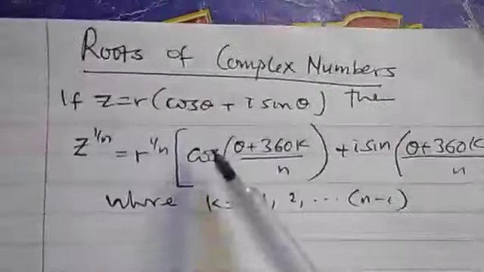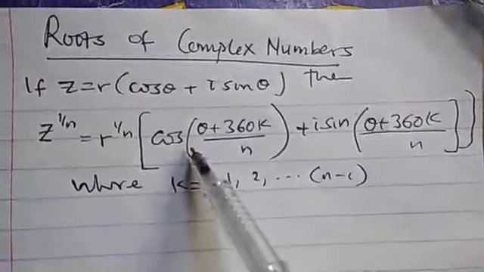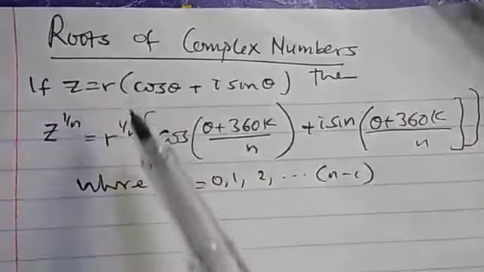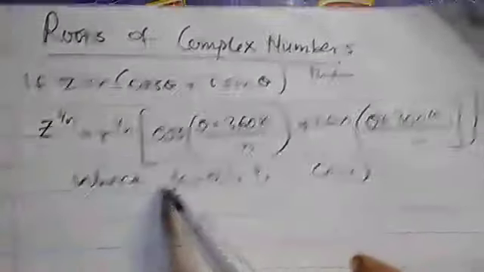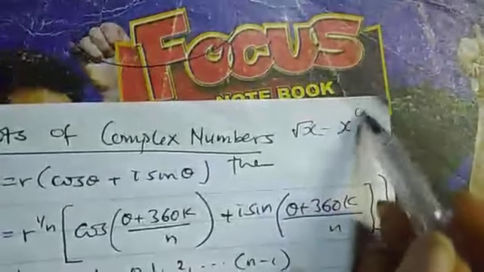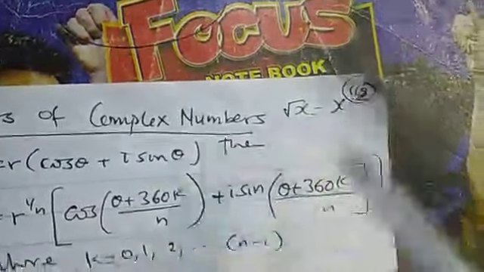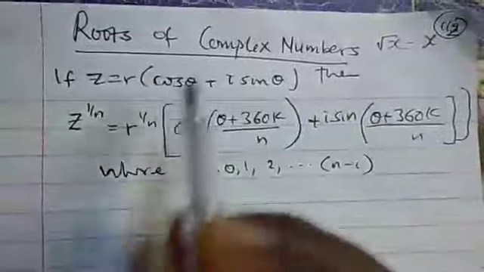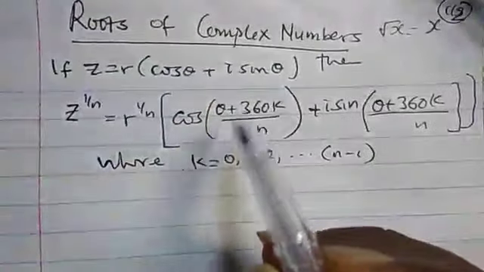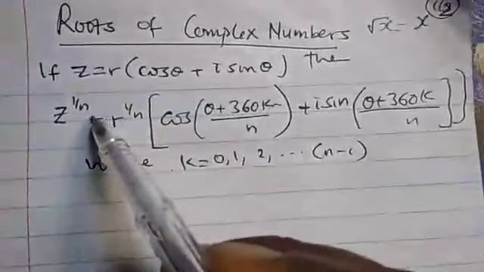And we know that if you have a power in fractional or rational form, that is what we call a root. For instance, the square root of s simply means s raised to power half. This is a power of a fraction, which is a root. So we can find the root of a complex number too with the application of De Moivre's theorem.